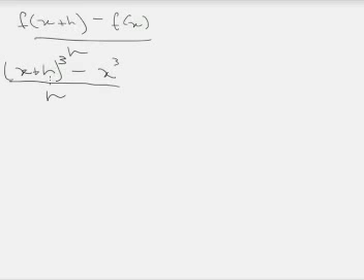And now we're going to have to distribute this nasty cube, and I already did it for you on paper. You can check my math if you want, but that will end up being a long old polynomial here: x cubed plus 3x squared h plus 3x h squared plus h cubed.